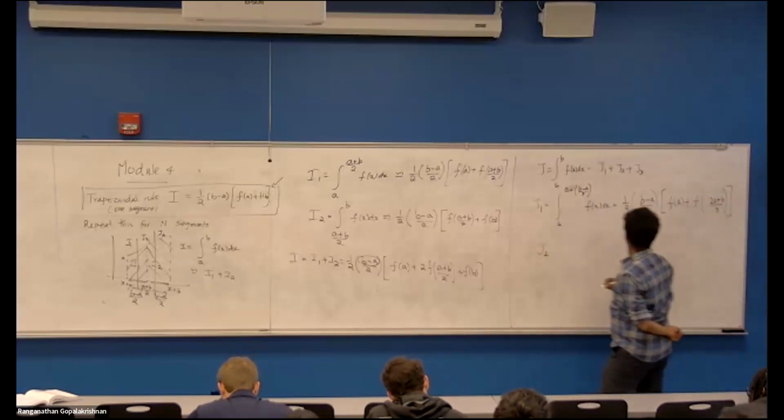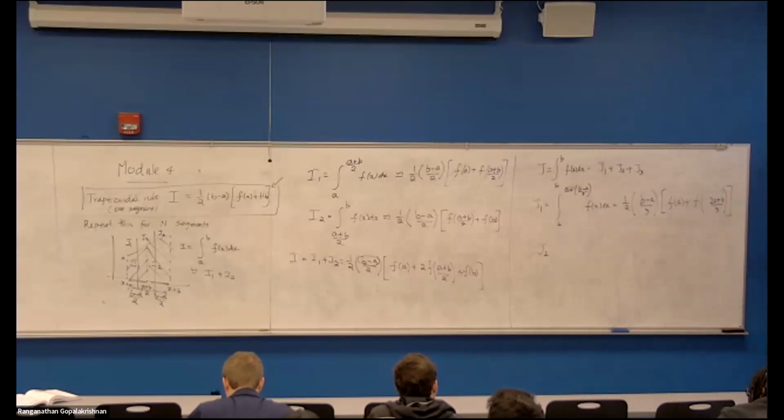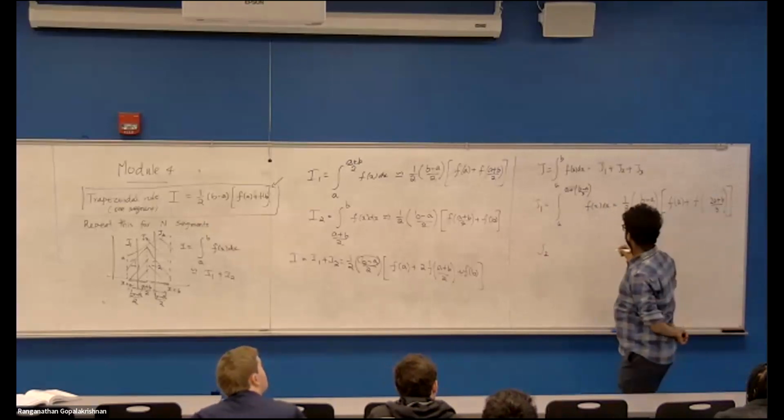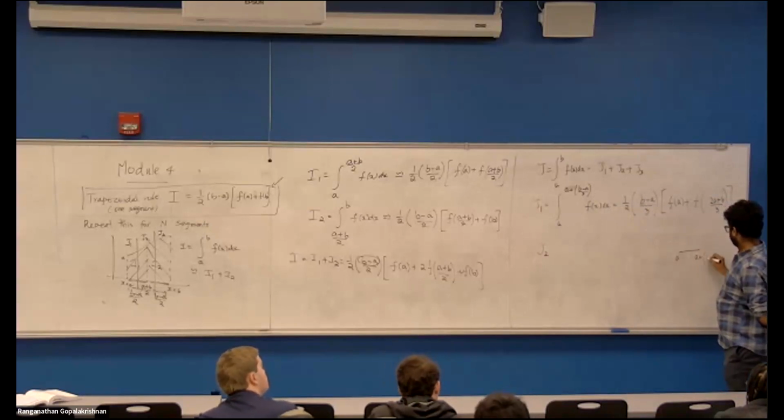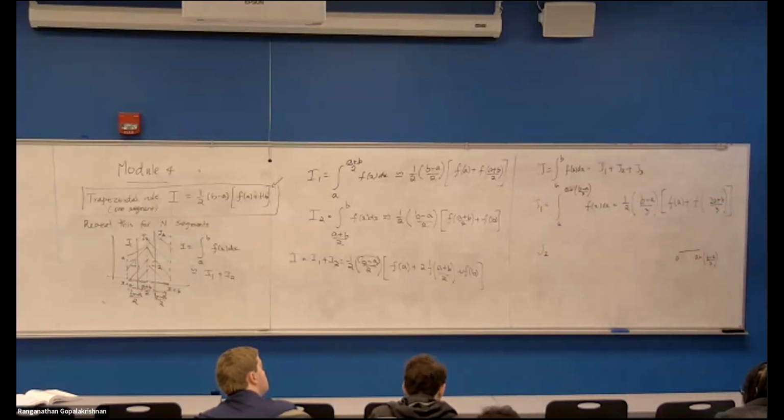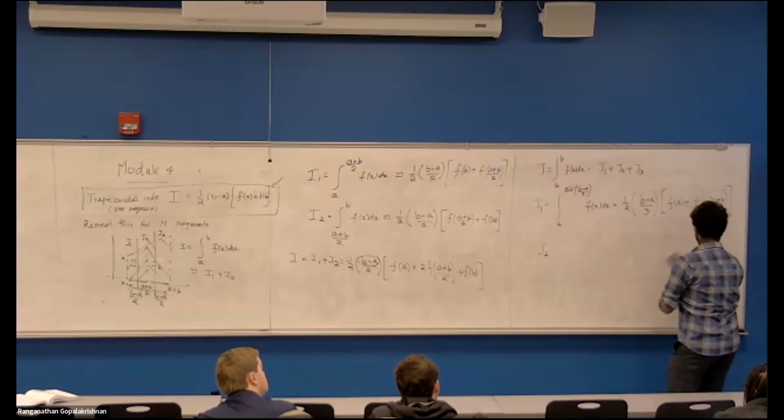Wouldn't the first point still be b minus a over 3, where you have 2a plus b over 3? So I have a. What is a plus (b minus a) over 3? Oh, okay. So for clarity, let me redraw this.